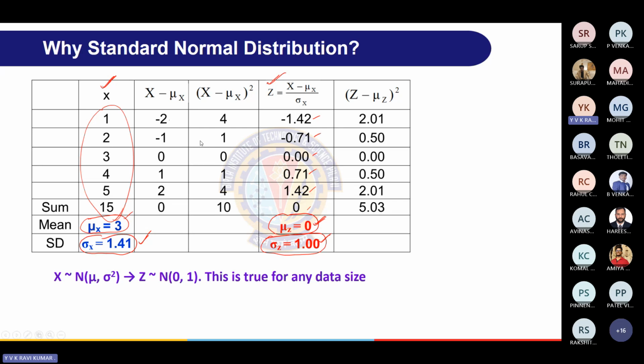So I hope by this time you might have seen this as a part of your data pre-processing, this transformation, the standardization of the data, right? Suppose, I don't know whether you completed regression discussions in machine learning.